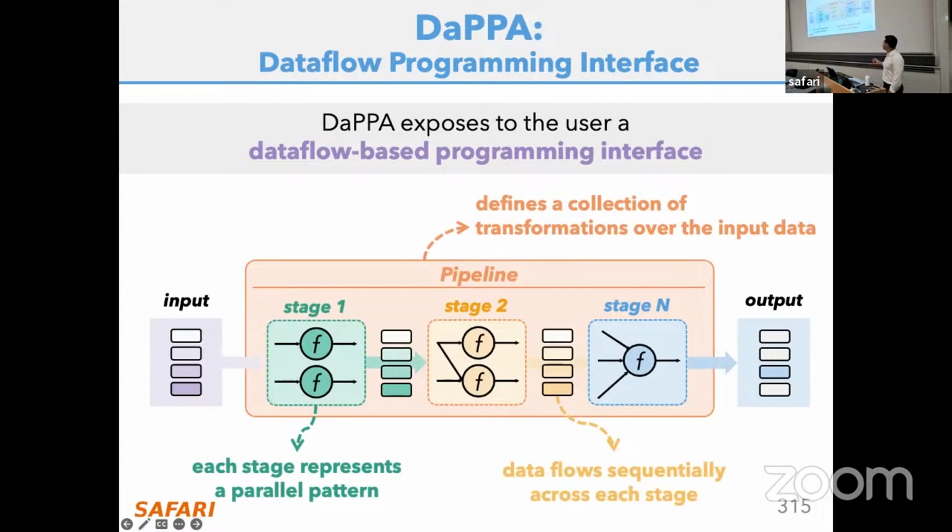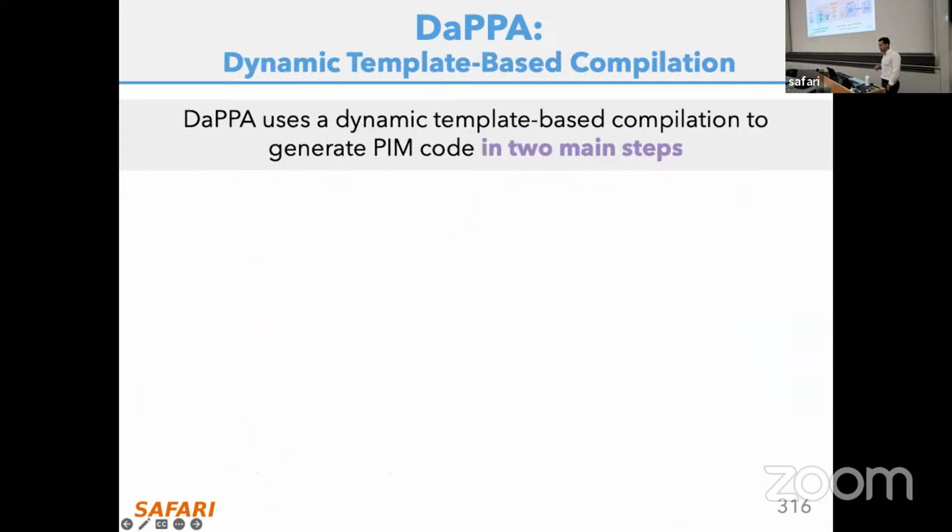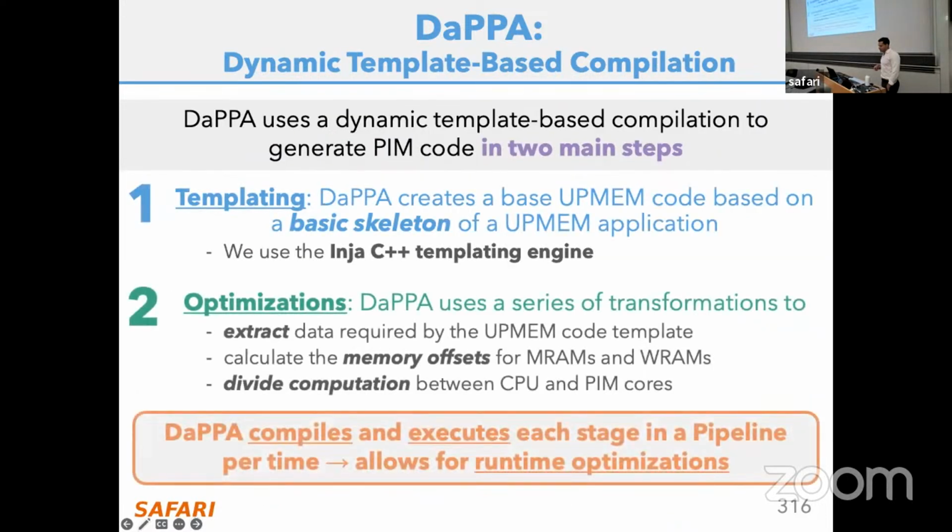Since the data flows sequentially across different stages, the framework automatically handles those data transfers and data orchestration routines that are required in the UPMEM PIM system. So this DaPPA framework that we implemented compiles and executes each stage of the pipeline automatically, completely independent from the user.